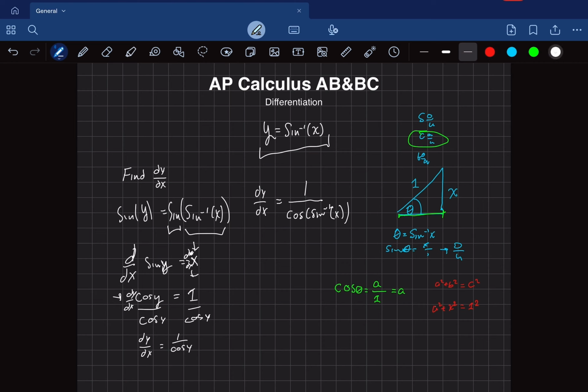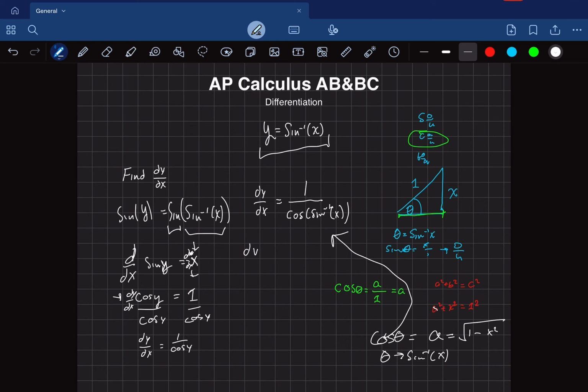And this allows us to get the equation a is equal to the square root of 1 minus x squared. So, which is equal to cosine of theta, where theta is the sine inverse of x. So that is what we can put right there.